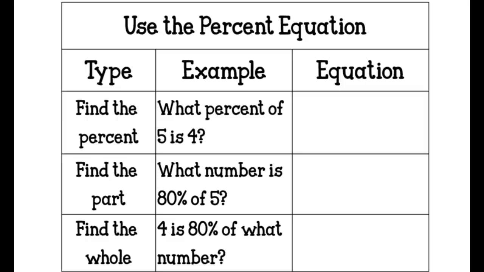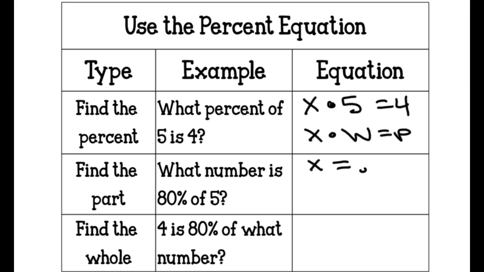So there are 3 different equations that you would use in this case. When you're finding the percent, you would do x times 5 is 4, or x times the whole equals the part. And then what number is 80% of 5? Remember, we always write percents as decimals.